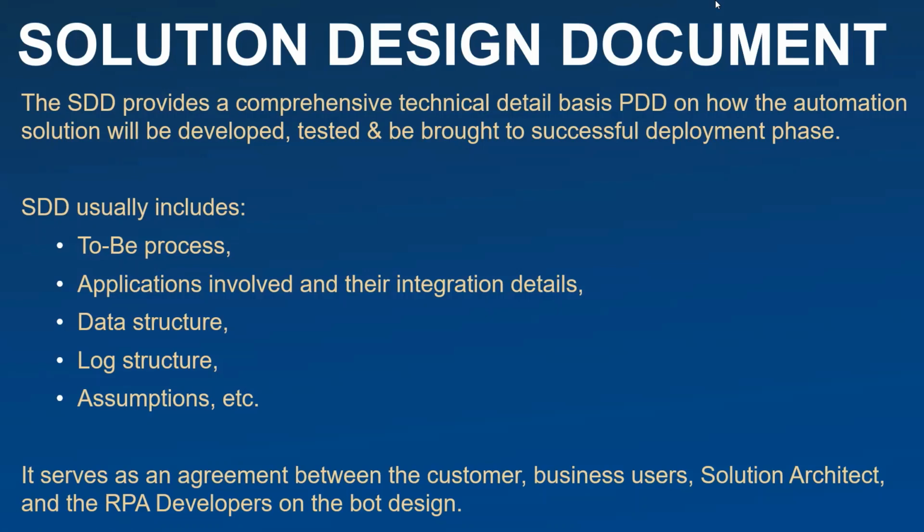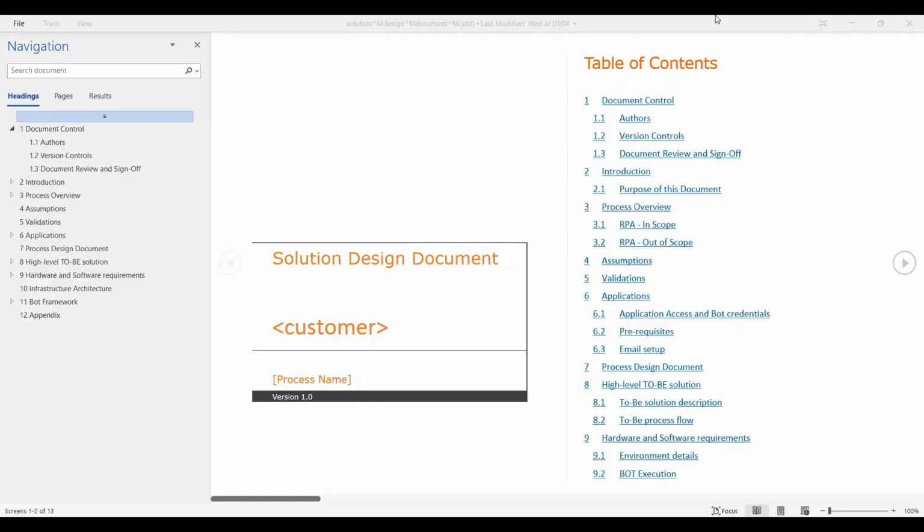Now let's have a look at the details of how exactly the solution design document looks, what all the details are at the minute level, and how we prepare it. When we talk about the solution design document, like I previously said, there is certain information which needs to be captured clearly. In the left-hand navigation pane, you can see that like any other document, we have the document control section.